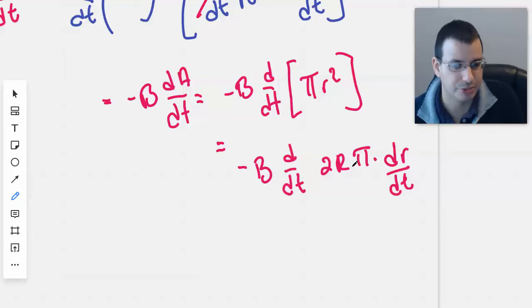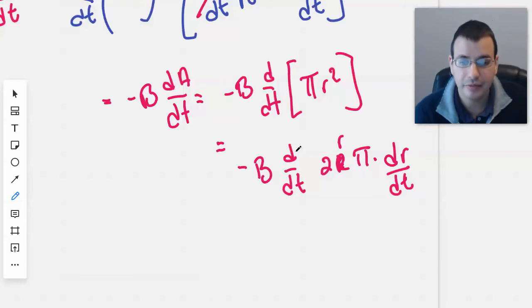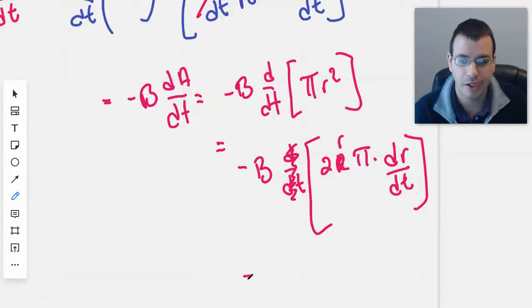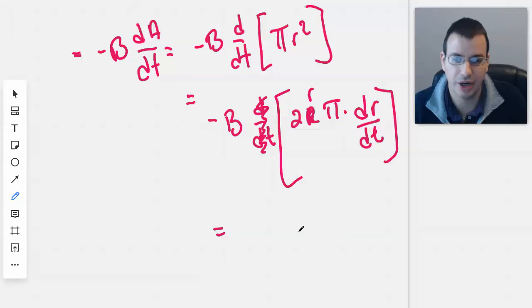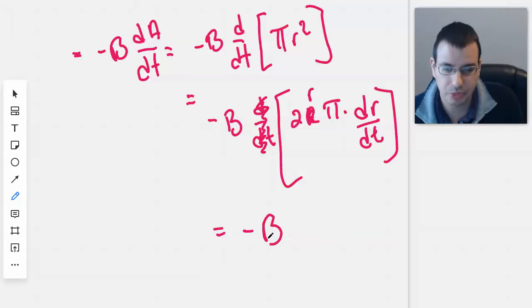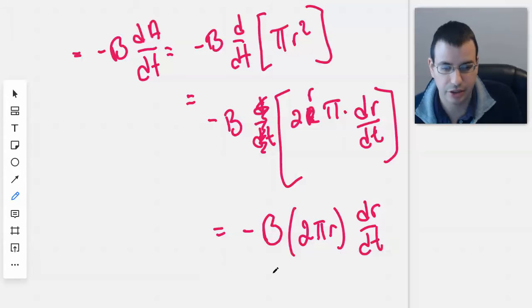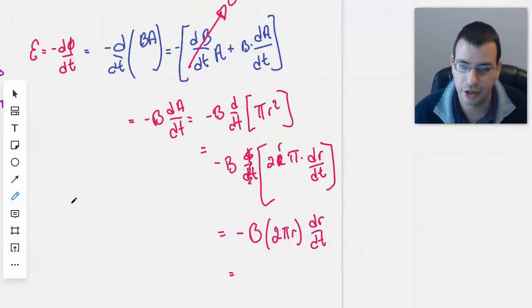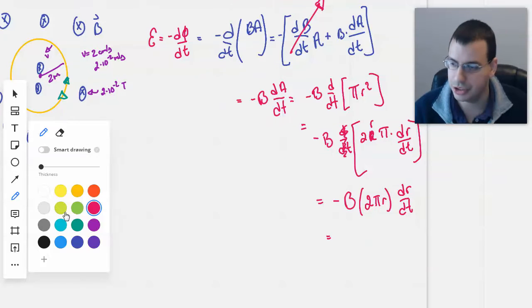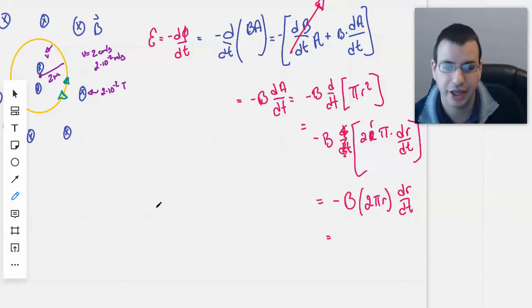I know, I should have used a small r there. There you go. That part disappears. So we're left with negative B times 2 pi r times dr/dt. Based on our initial assumptions, we said that B was 2 times 10 to the negative second Teslas.